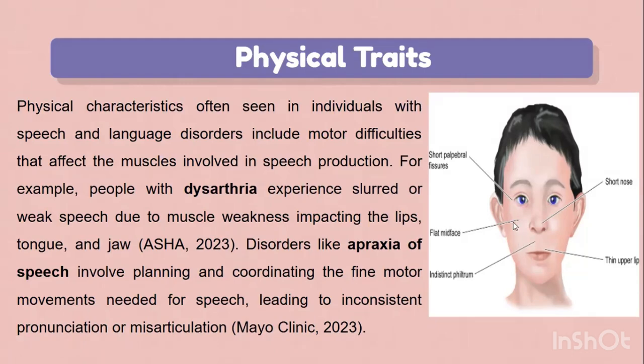For example, people with dysarthria experience loud or weak speech due to muscle weakness impacting the lips, tongue, and jaw. Disorders like apraxia of speech involve planning and coordinating the fine motor movements needed for speech, leading to inconsistent pronunciation or misarticulation.